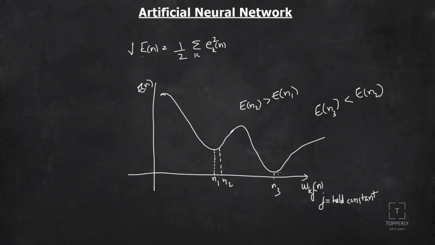So actually the algorithm should have terminated only at this point. But due to this local minima over here, the algorithm terminated at this point. This is a shortcoming. So in a multidimensional space with nonlinear inputs, the algorithm may get trapped at a local minima and may never reach the global minima. Okay. Thus we have concluded the error correction learning rule for artificial neural networks.